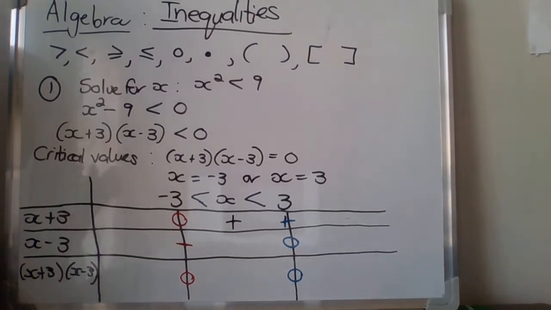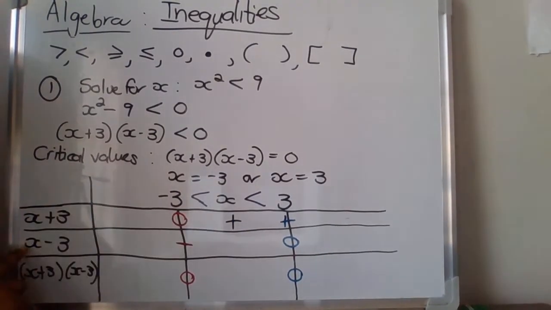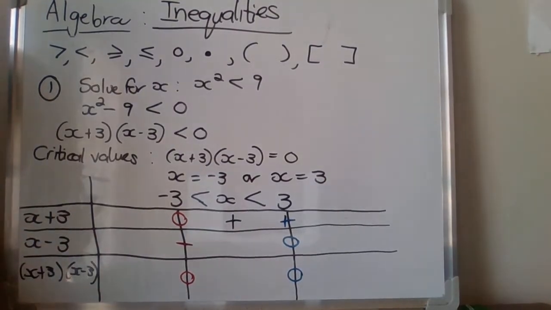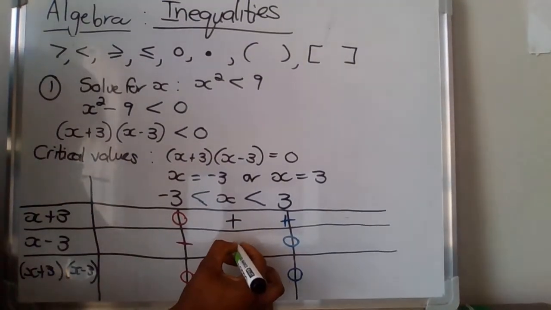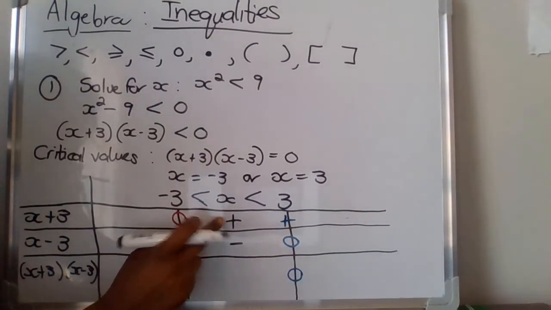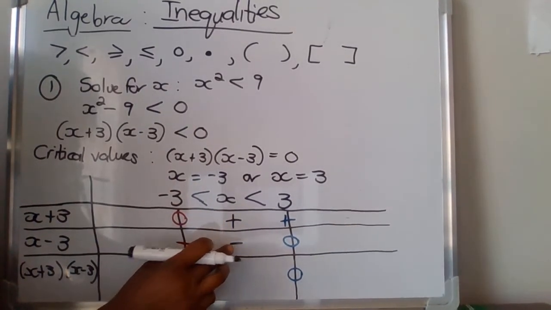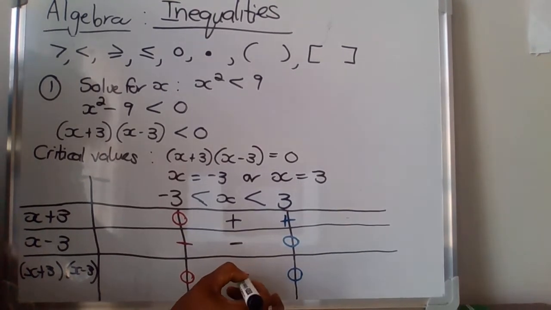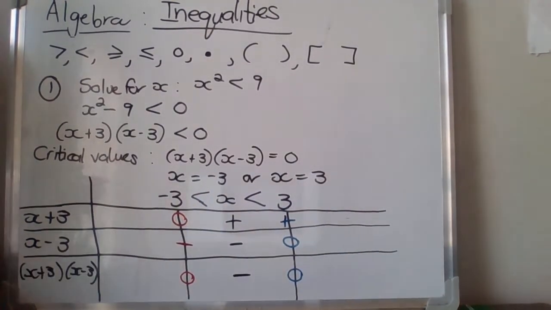When x is 1, I put it in here, I get 1 minus 3, which gives me minus 2. So that's a negative number. And a positive number times a negative number gives you a negative value.